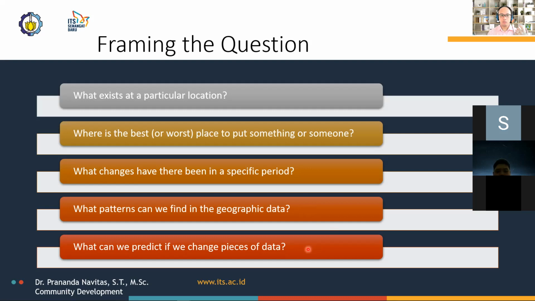And then perhaps this is the most important question. What can we predict if we change bits and pieces of data? What might be the effect on groundwater of building industrial plants in different places, for example?